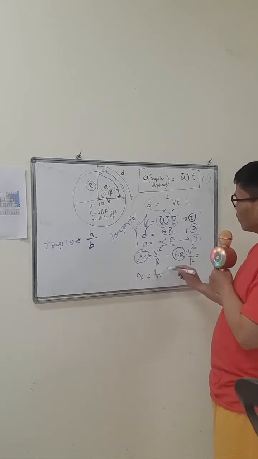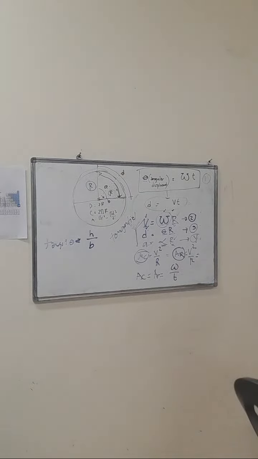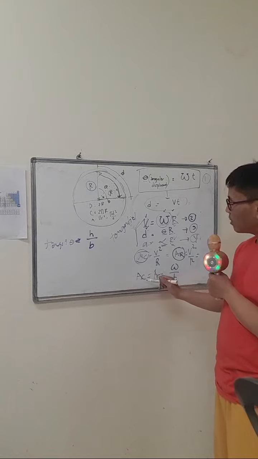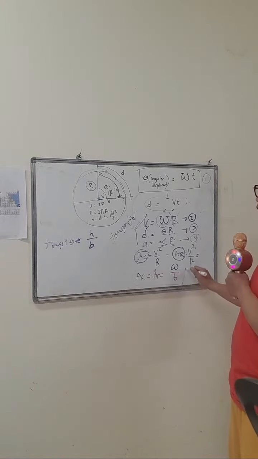Radial acceleration is also equal to angular velocity over the time, because velocity over time is an acceleration in linear motion. Since we're dealing with angular, we replace the term with angular velocity over the time. That is your centripetal acceleration and your radial acceleration.